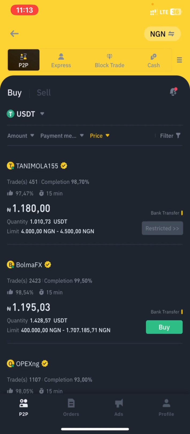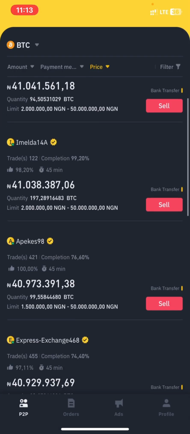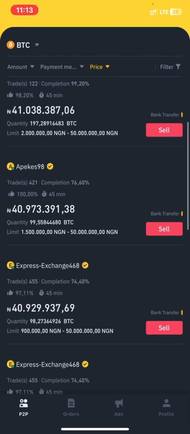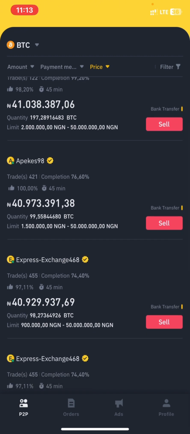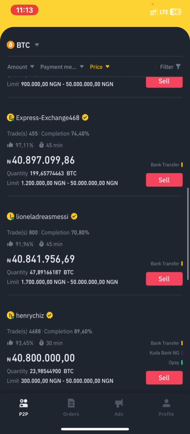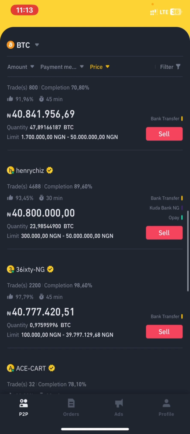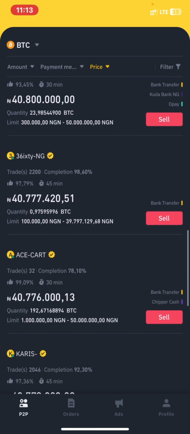If I go back again to this BTC pair, and the more I scroll down, the more you'll be able to buy, 1.5 million. The price is decreasing, and the more I scroll down, 300,000, the price is decreasing right here, and the price is going down 100,000.